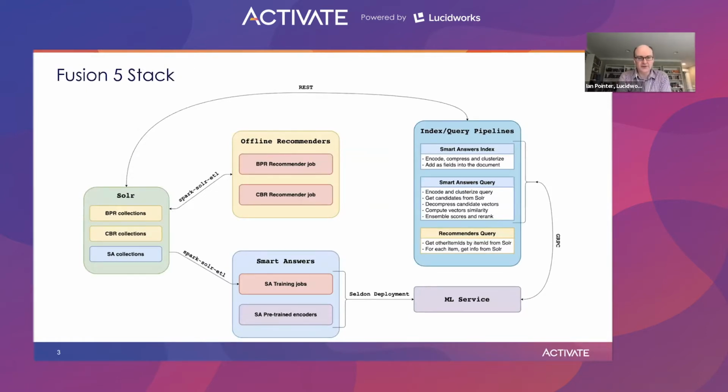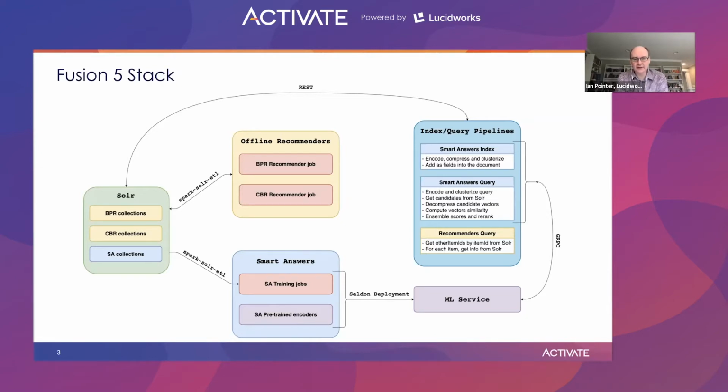In our current version of Fusion 5.2, if you can see on the left, we have our usual standard stalwart of Solr. In the middle, we have our recommenders and Smart Answers. And over on the right, we have our index and query pipelines. So the recommenders and Smart Answers today, they read all the information that they're going to use from Solr.